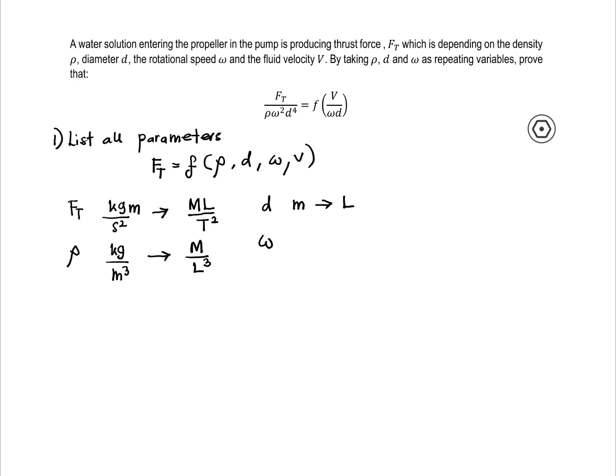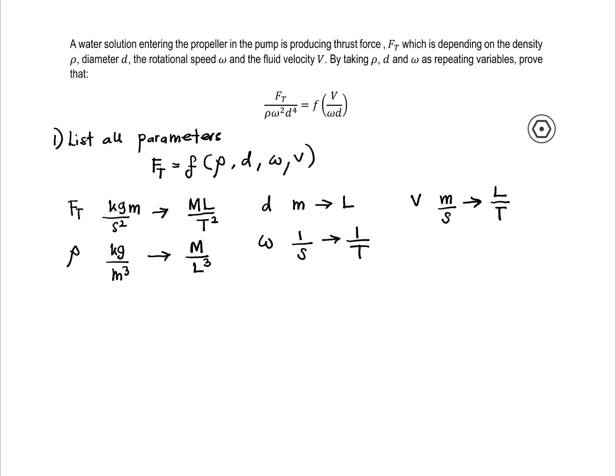The unit for omega is 1 over second, and the primary dimension is 1 over T. Next is velocity. The unit for velocity is meter per second, and the primary dimension is length over time.